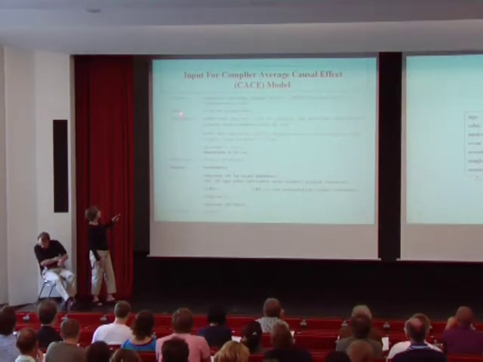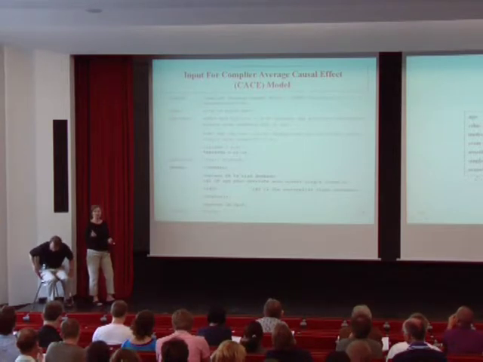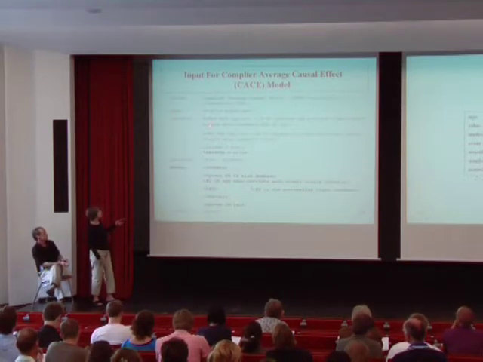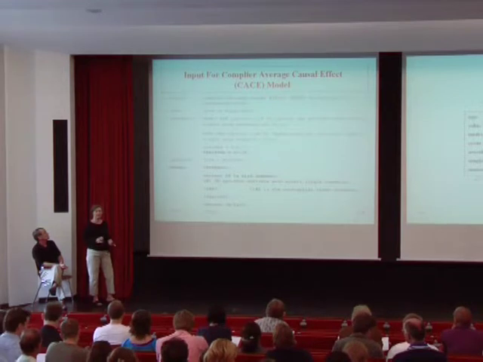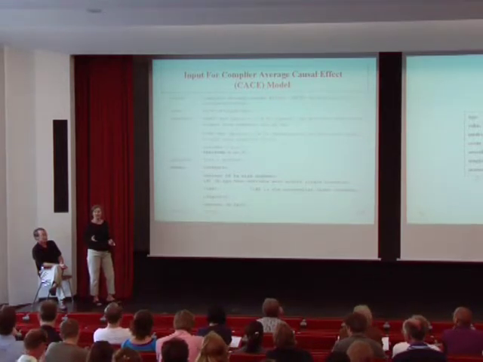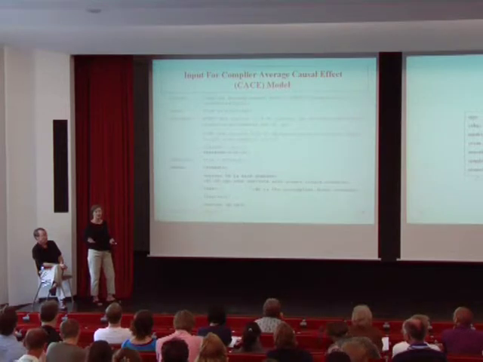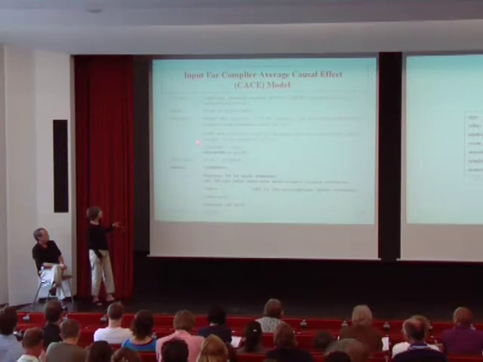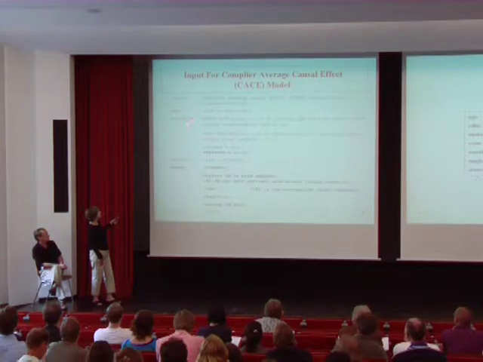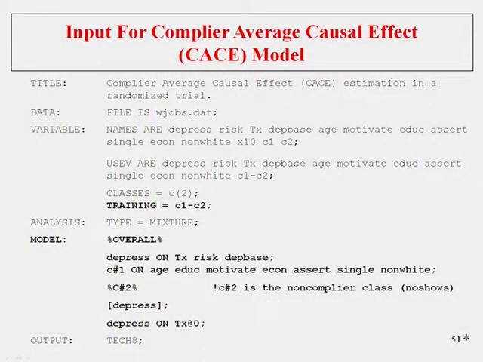The data command tells us where the data is. So the file option names the data set, and there are various other options in the data command, for example, if you have fixed format data and things like that. The variable command tells us all about the variables. The names option names the variables in the data set in the order that they appear in the data set, so we know where to find the information for each variable.